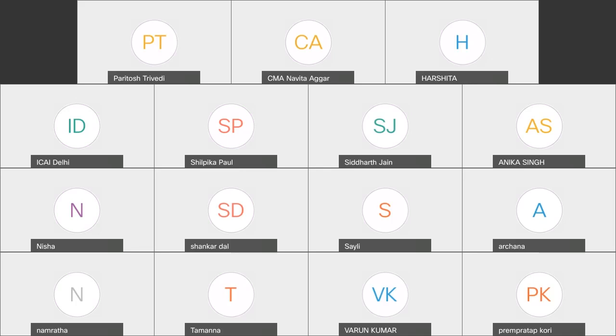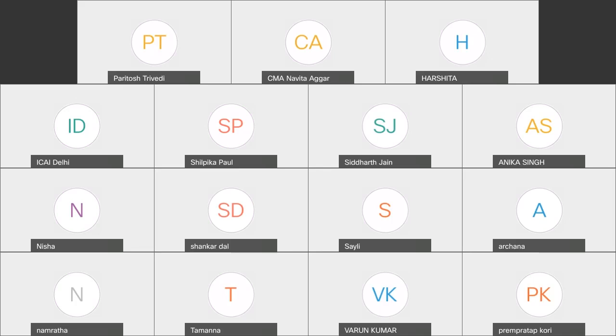Just now I explained this: if the taxable supply is more than 50,000 and made to an unregistered person, then the name, address, state and PIN code are required to be stated.